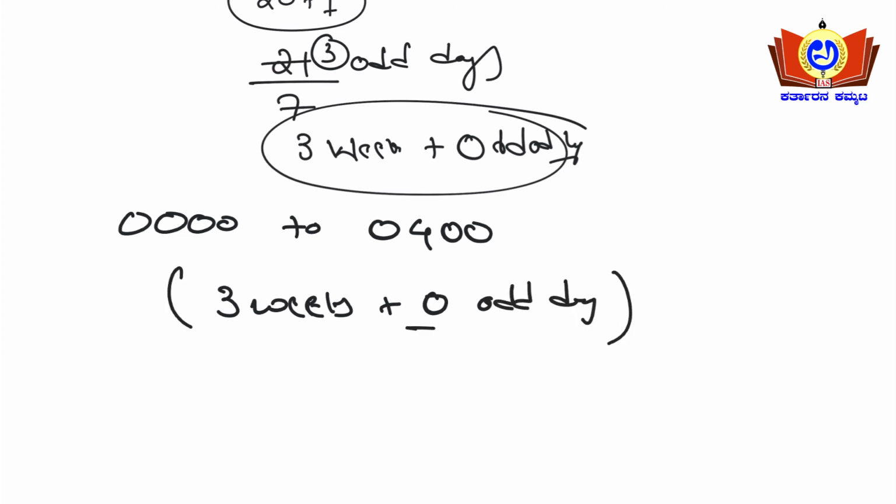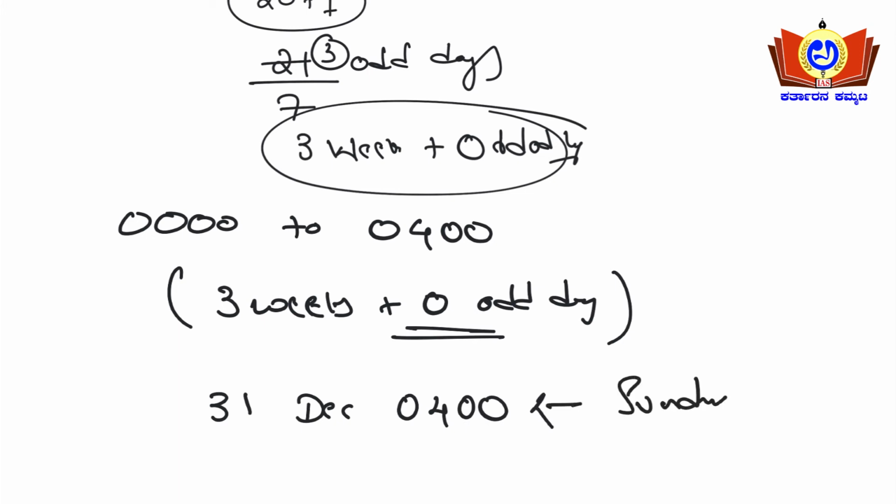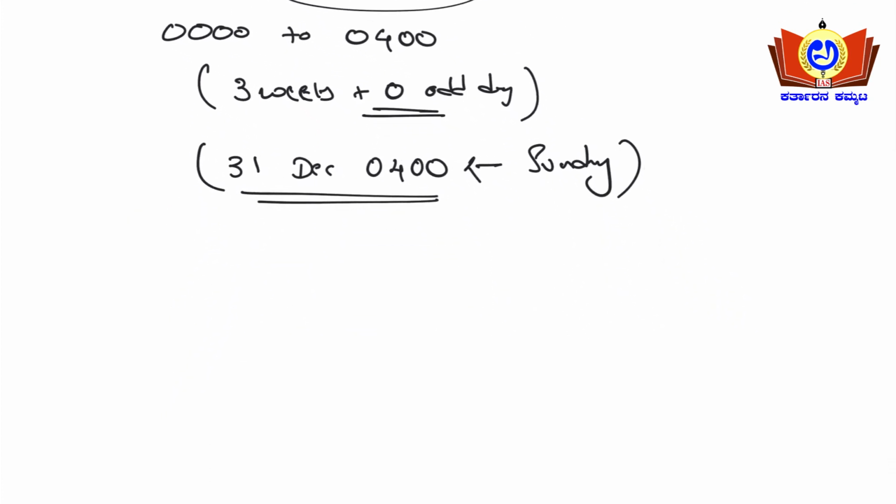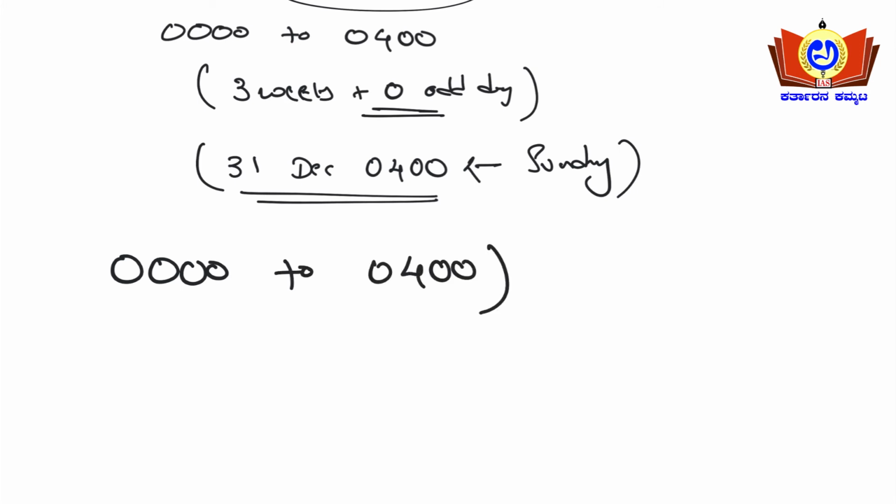So it is nothing but 31st December of 0400 lies on Sunday. Got it? So from 0000 to 0400, for every 400 years we are getting 0 odd days.